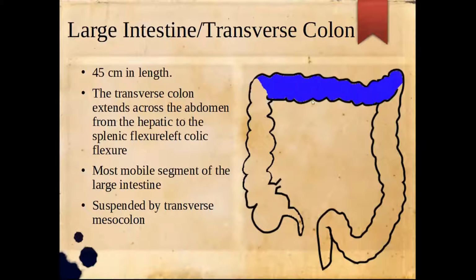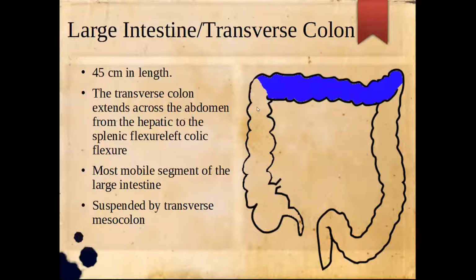This is why, when we sometimes have obstruction down here, we create what we call a transverse colostomy, because this is the most mobile segment of the colon.